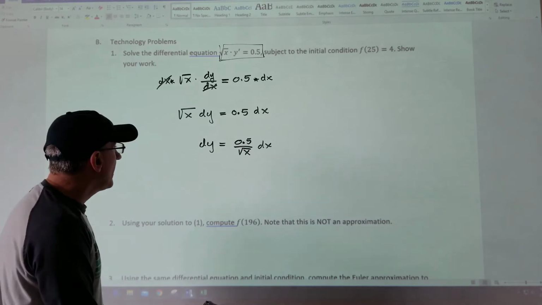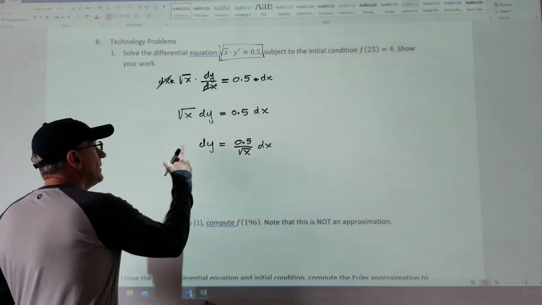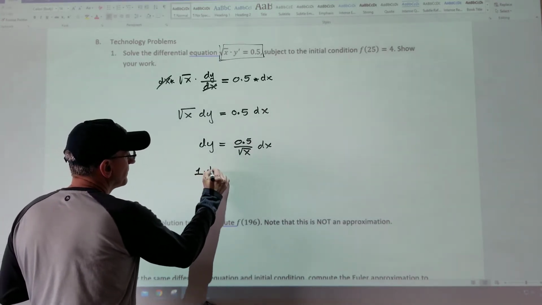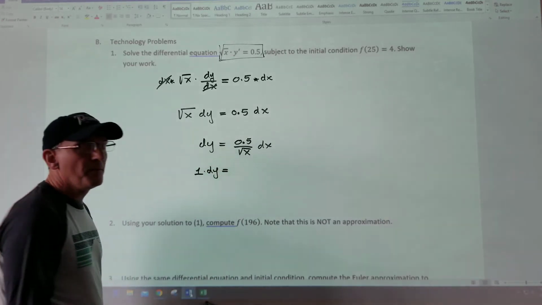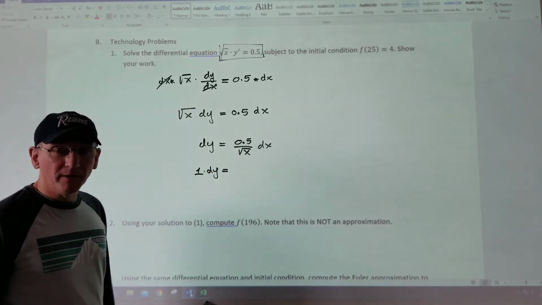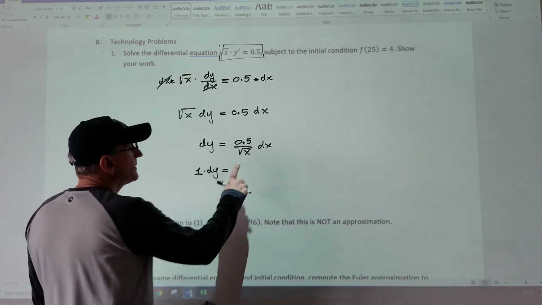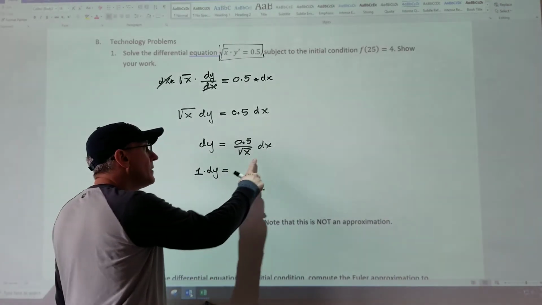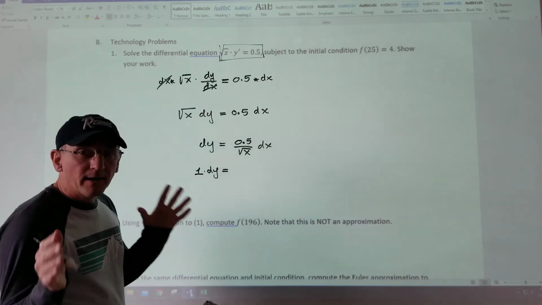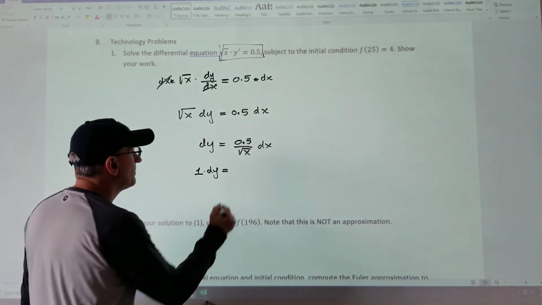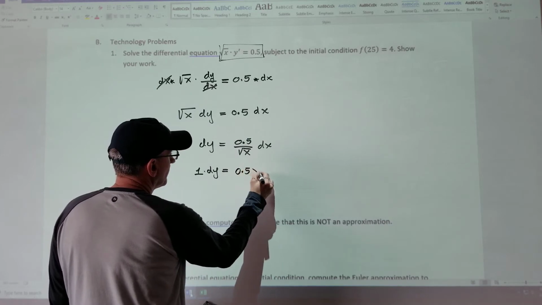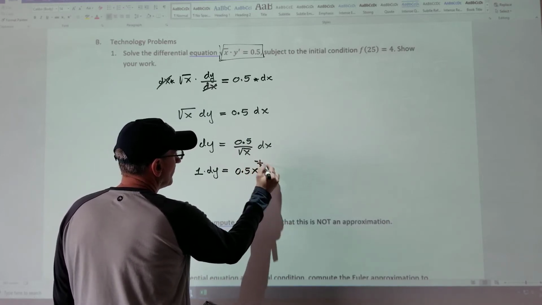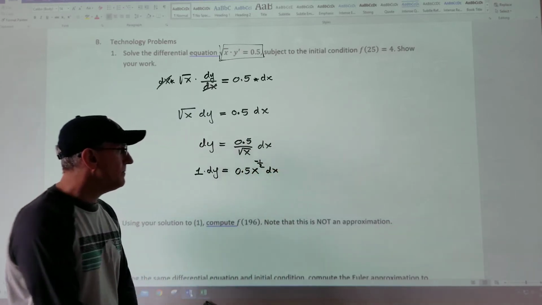Just before you do that, my students find it helpful to multiply by 1 here. It'll help them visualize what the antiderivative of dy is. And on this side, rewrite the square root of x as a half power of x, and then bring it up to the numerator as x to the negative 1/2 power. Like that. Okay?